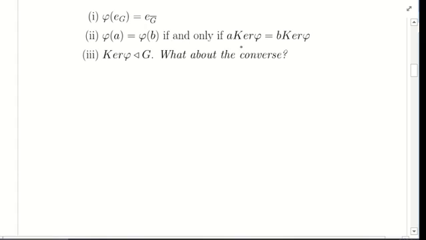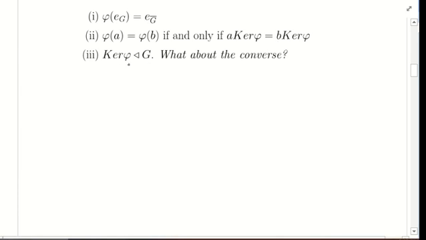Here, this is telling us that two elements in G map to the same element in G bar if and only if they're in the same coset of the kernel. Okay, that's cool.